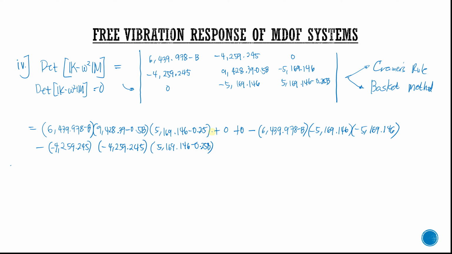So we forgot to write the b there. 0.25 b. Okay. And then this is minus 0. The last one is minus 0. And then this is equal to 0.